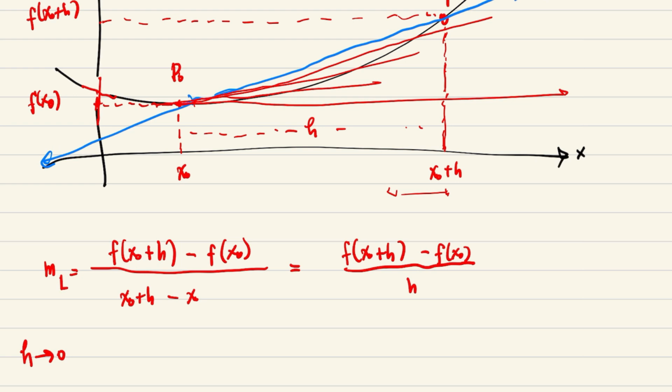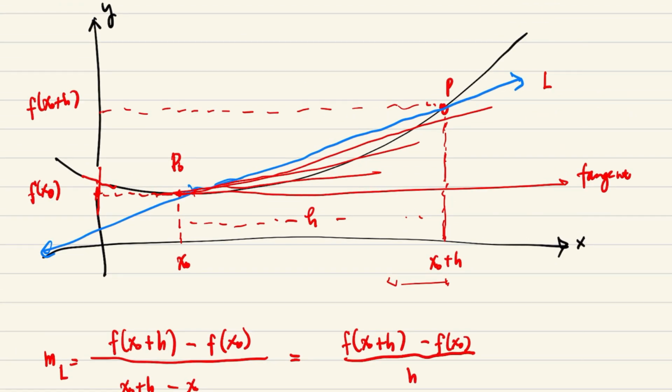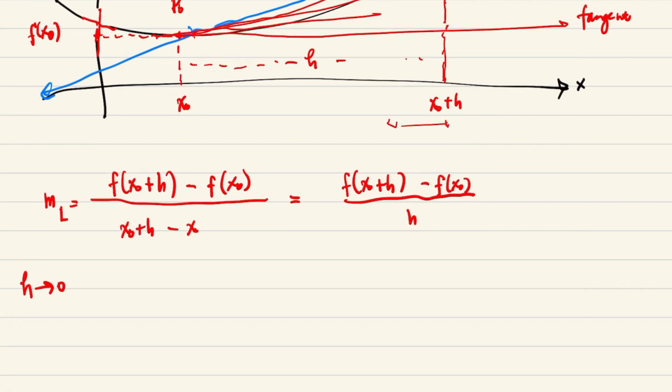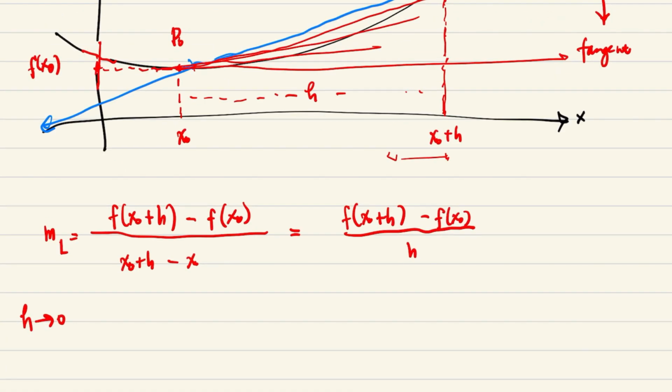In other words, the limiting position of your line is the tangent line. So this is not a tangent; starting from being a secant line, it becomes a tangent line, meaning there is a change of position.